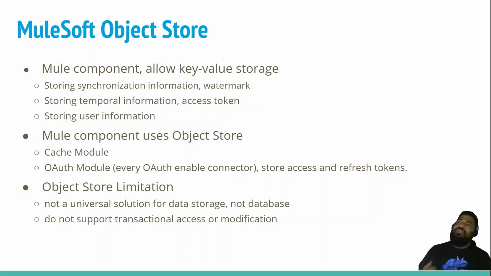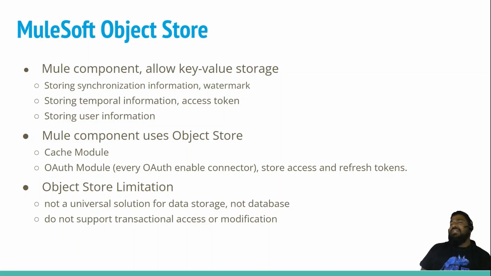So we can store watermark values. We can also store some temporary information. As I explained, multiple independent flows that require the same information can utilize object store functionalities. And access tokens: for example, we have two endpoints exposed, and these two endpoints connect to the same target system, and in order to call that target system we have to provide a token.